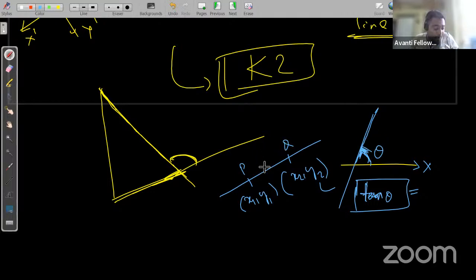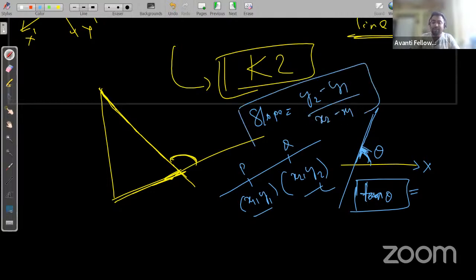And if you have 2 points on a line, suppose P and Q, the coordinate of point P is x1 y1 and the coordinate of Q is x2 y2, then the slope of this line you can easily find, that is y2 minus y1 upon x2 minus x1, right? So all these things we will go through very deeply, because slope is useful for physics, chemistry, and also for mathematics everywhere.